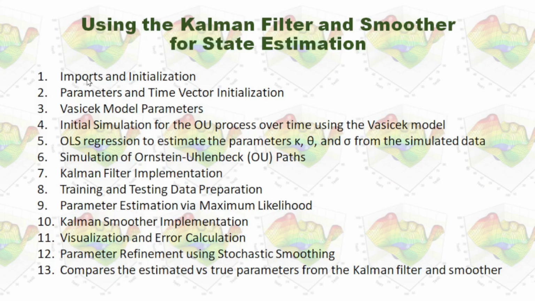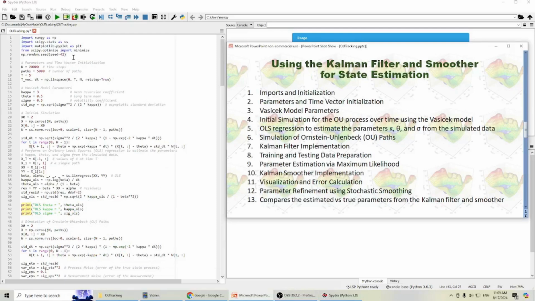In this model, we have the following steps. Now, let's compare with the Python source code to go through all those steps. This is the Python program I used in this model.